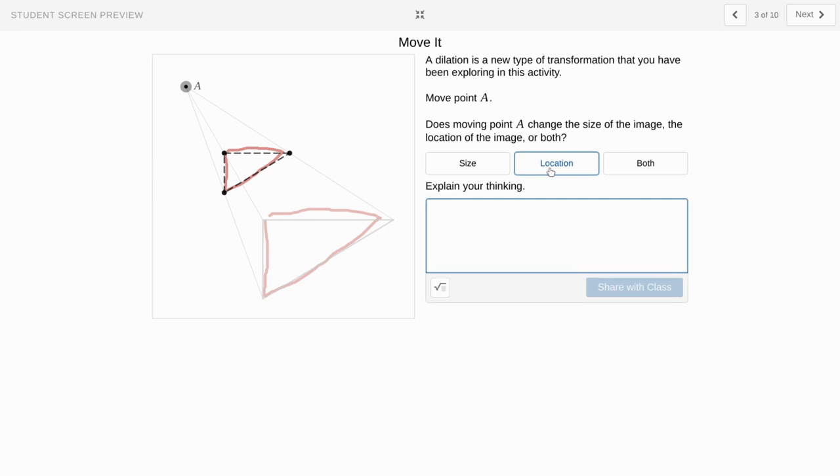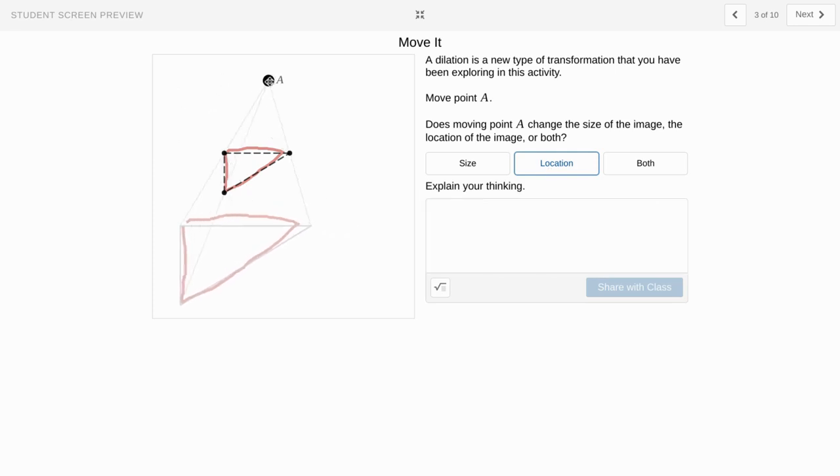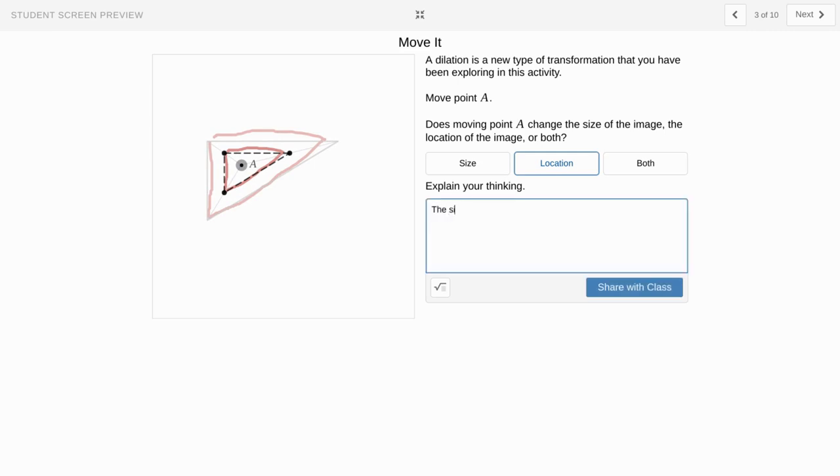Pretty sure it's just a location, right? I'm noticing that as I move this around, it's the same size. So the size is staying the same, but the location of the new shape is moving in relation to point A.